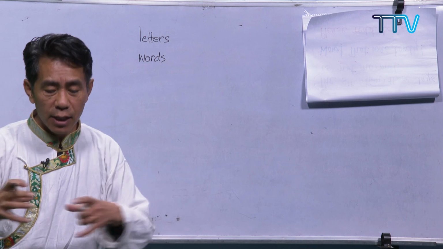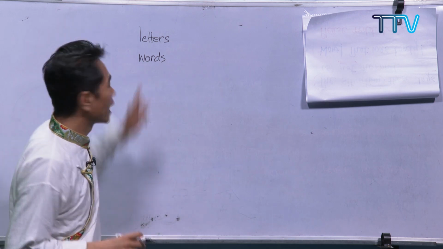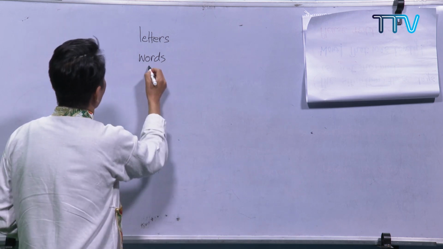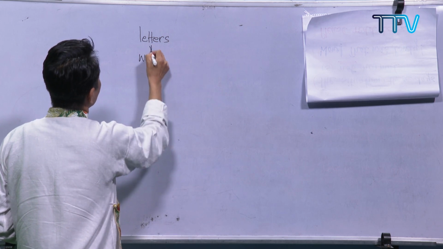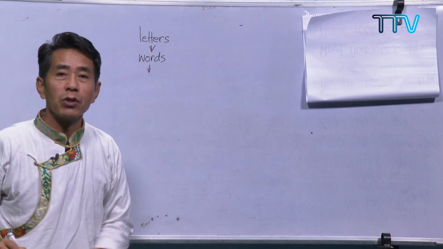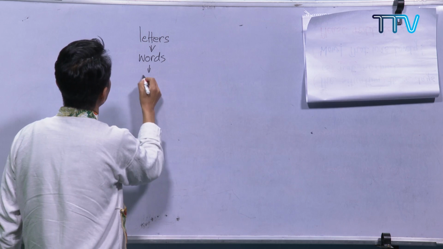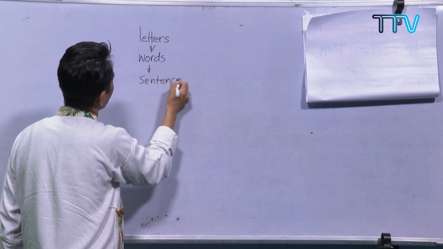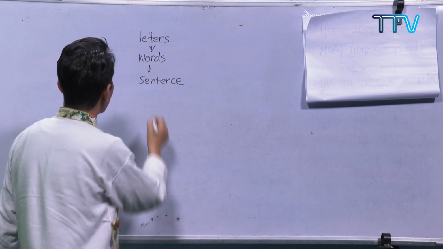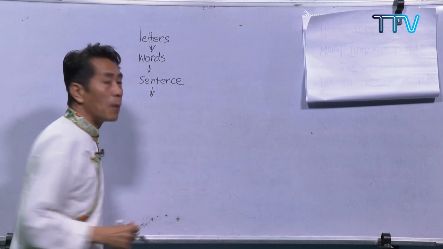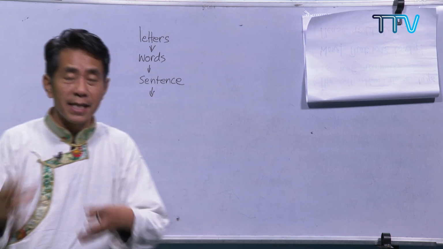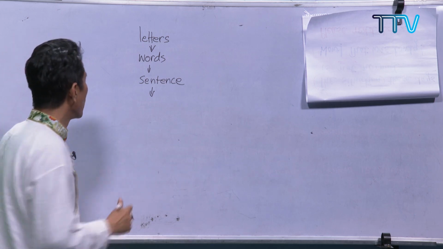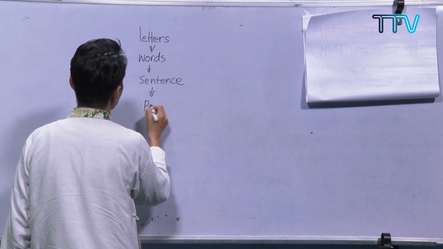If we combine lots and lots of letters, we get words. And if we combine different types of words, we get a sentence. If so many sentences are grouped together, combined, what do we get? We get a paragraph.